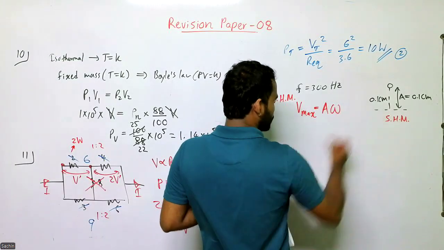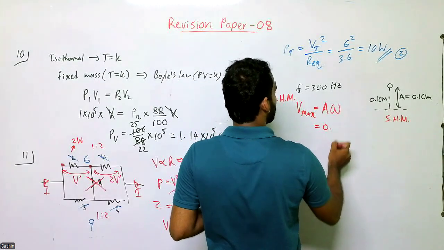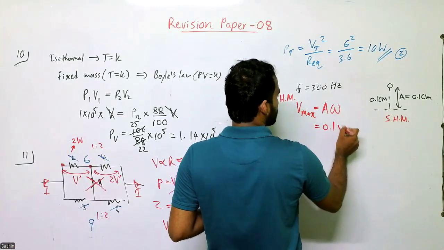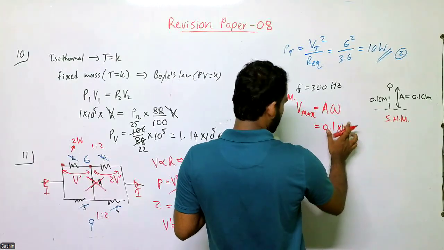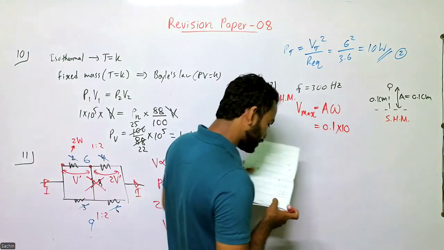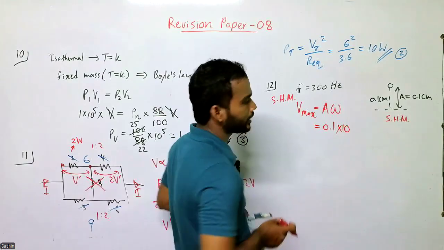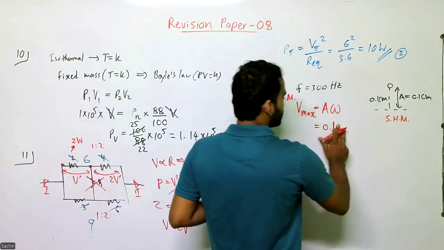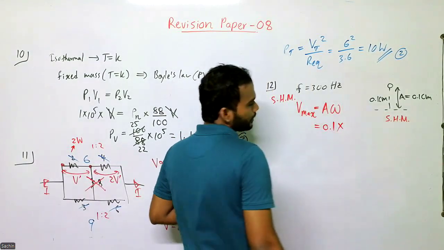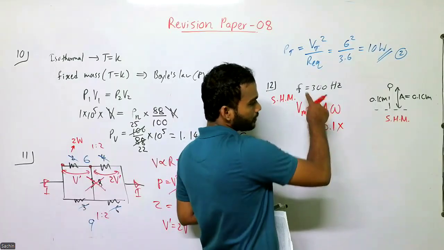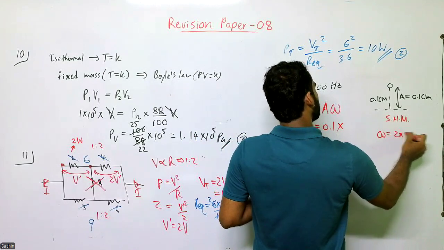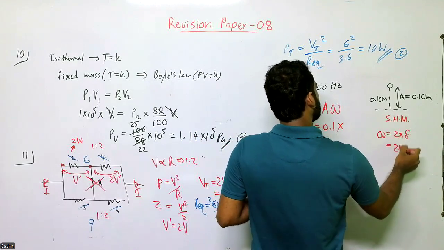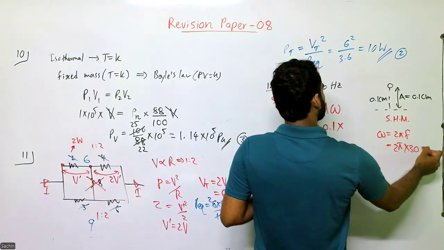Amplitude times omega. You are given the A value, 0.1 centimeter. You don't need to convert because the answers are given in centimeters per second. So 0.1 centimeter times omega. Omega is not the frequency, but when you have the frequency, you can calculate the omega. How? 2πf. We have always done these calculations in class.